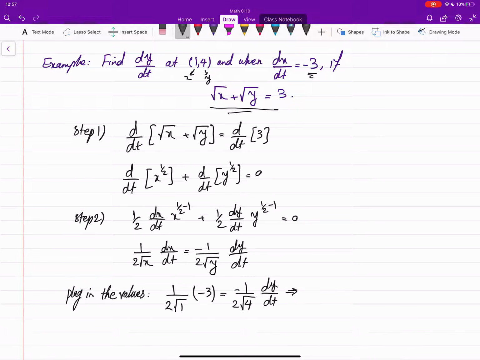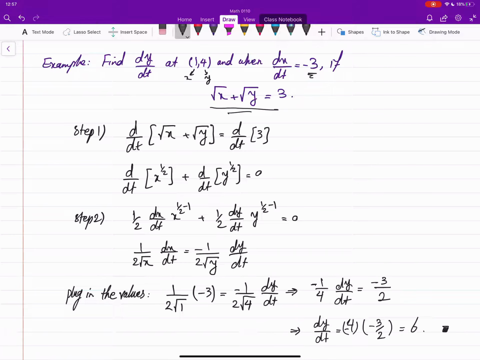In other words, we have -1 over 4 dy dt is equal to -3 over 2. From there, we can go ahead and find dy dt as -4 times -3 over 2, which is just 6.